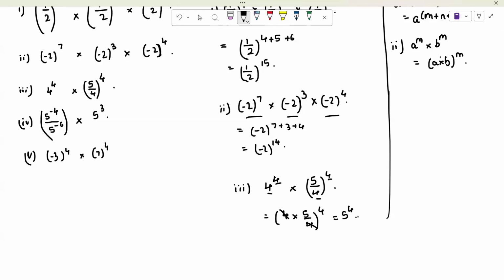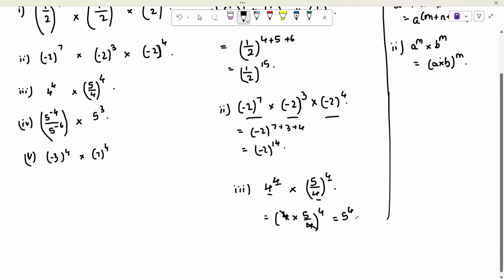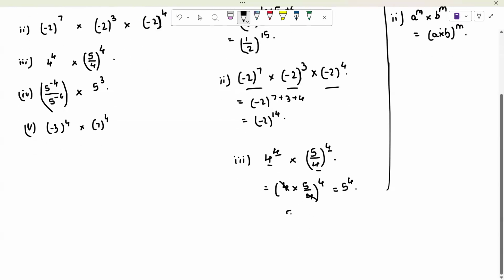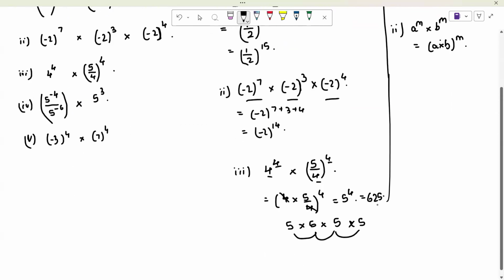So if you want to simplify it further, we can calculate 5 power 4, 5 into 5 into 5 into 5. 5 into 5, 25. 25 into 5, 125. And 125 into 5, which is nothing but 625. So that will give you 625. Okay, nice. Let's move on to the next question.